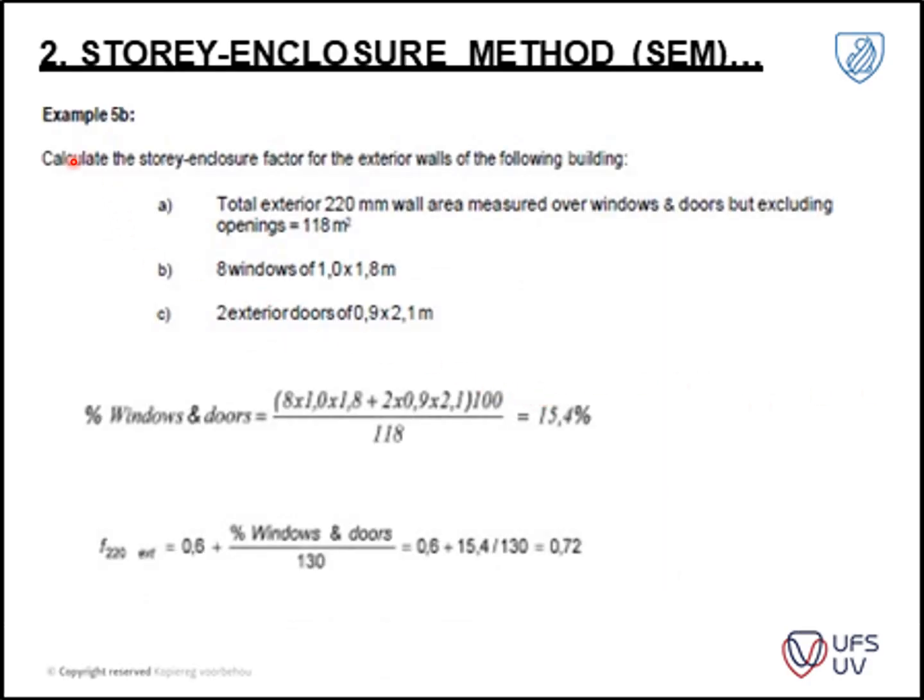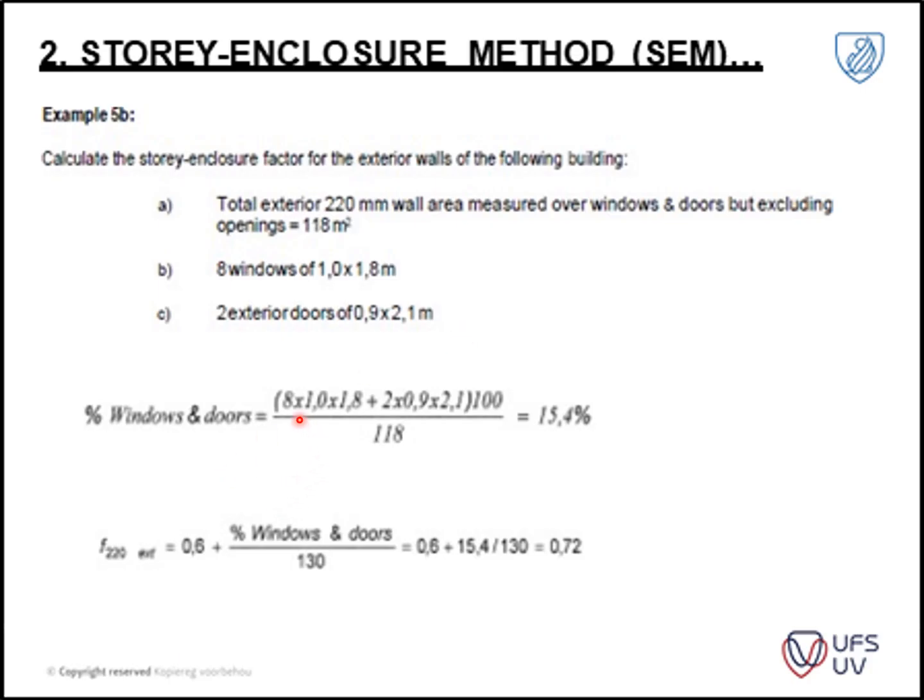Okay, so looking at example 5b, calculate the storey enclosure factor for the external walls of the building. So it's that same building that we had. The total exterior wall area measured over the windows, but excluding the openings, is 118 square meters. We've got 8 windows of 1 times 1.8 and 2 exterior doors of 900 millimeters times 2.1.